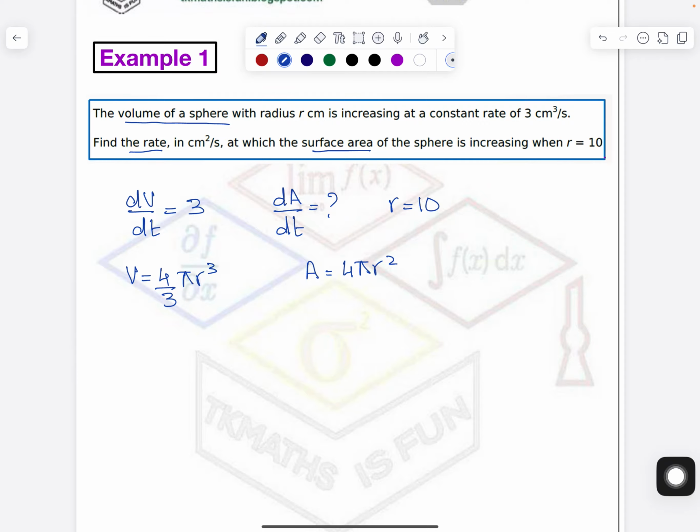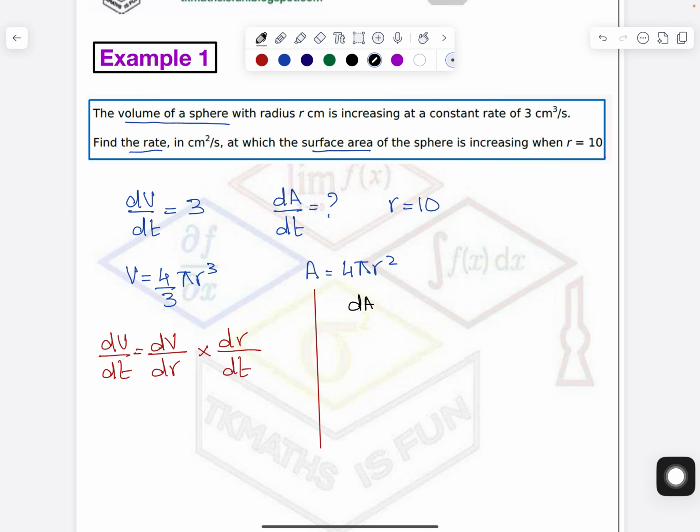If I apply the chain rule with respect to the rate of change of volume, it will become dV over dt, and V is connected through r. So this will be my one equation for the rate of change of volume. And what will it be for the rate of change of area?